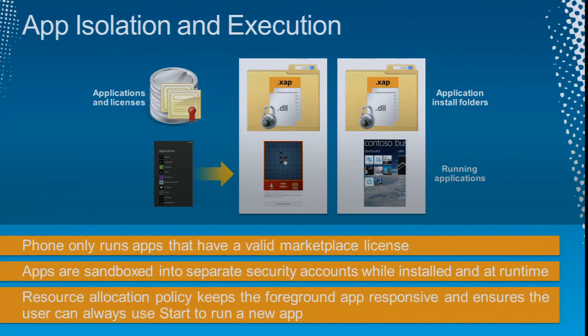Question? What about applications that come on the phone from the carrier? Yes. That's a very good question. So the question is, what about OEM apps? I can give you an example. There may be a number of applications that the carrier or the OEM may want to deploy on the phone as part of the build.